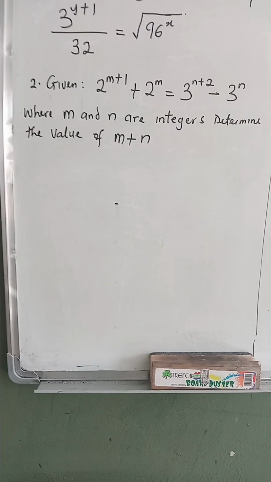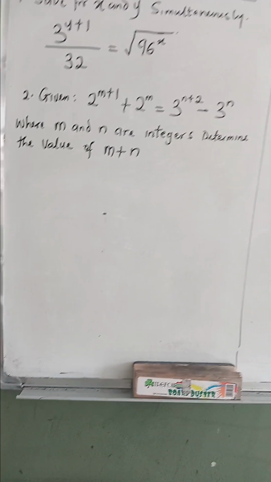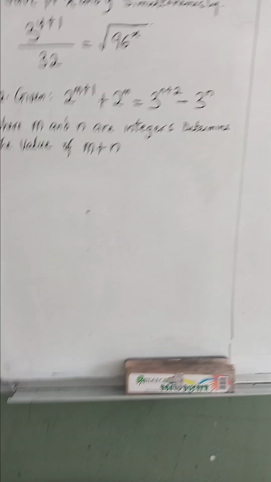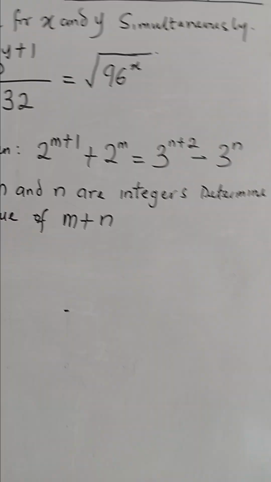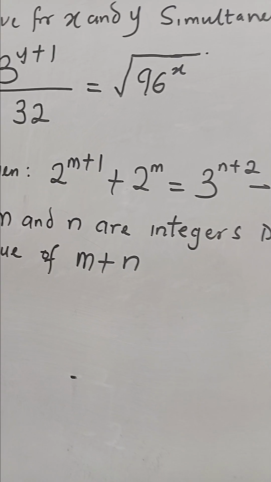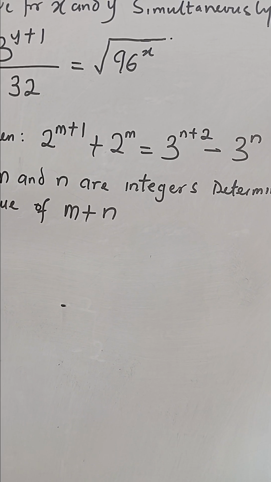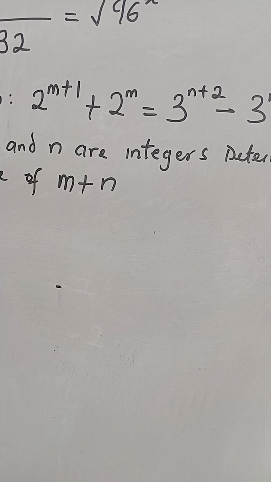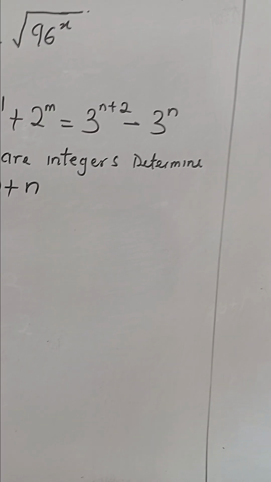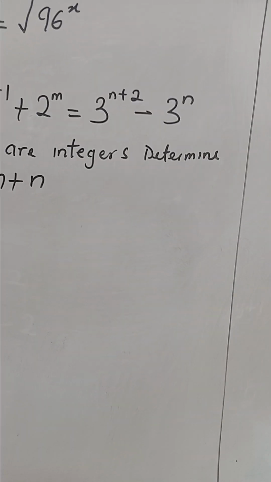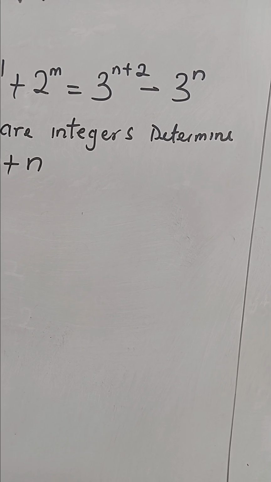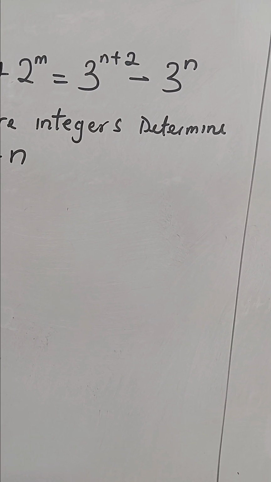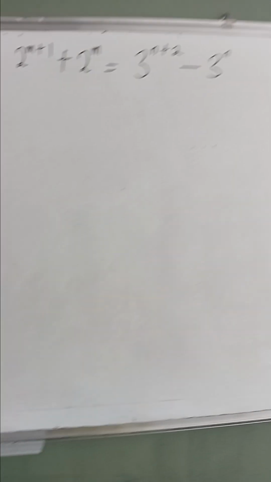So solving the second question says, given 2 raised to the power of m plus 1 plus 2 raised to the power of m is equal to 3 raised to the power of n plus 2 minus 3 raised to the power of n.